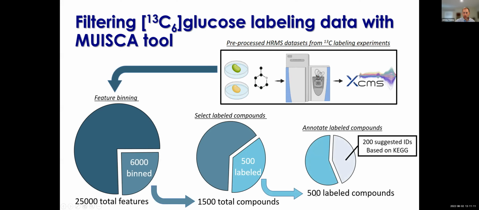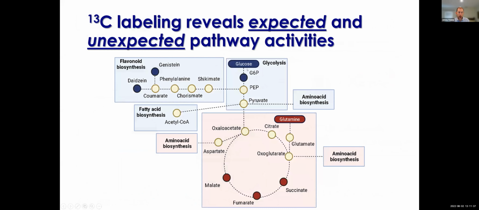And then finally, out of those 500 labeled compounds, we could suggest IDs for about 200 of them by doing the comparison to CAG networks. So we've gone from a huge number of features to a smaller number of compounds of potential interest by filtering the data based on their isotope enrichment.